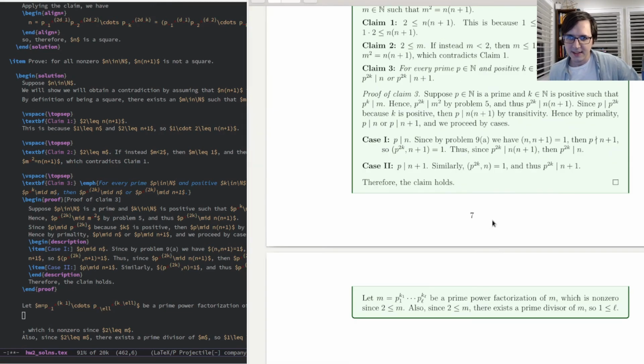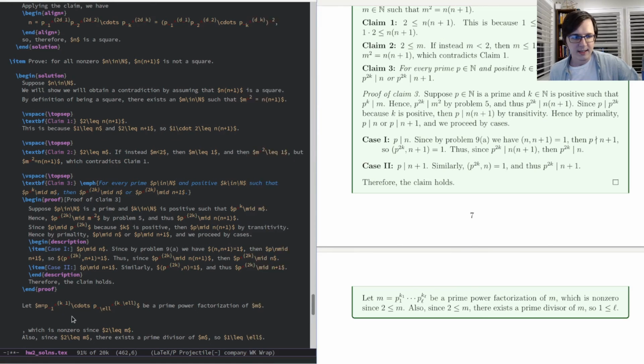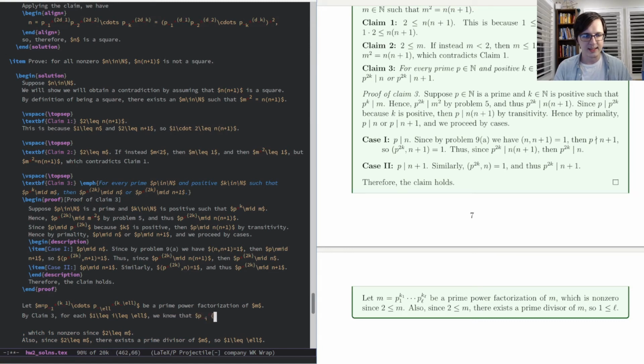I want to use this claim, and since by claim 3, for each i between 1 and L, we know that p_i to the k_i divides n, or it divides n plus 1.